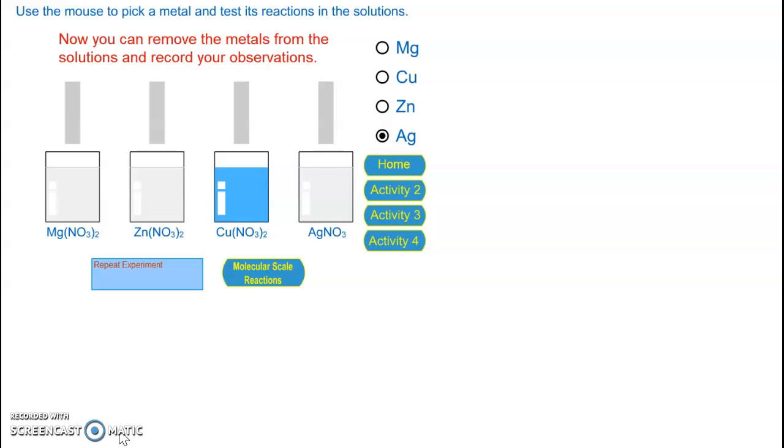Based on what we were looking at, which one of those metals that we dipped into a solution had the most reactions across the board? And which is the least? Then arrange the metals in order of increasing reactivity, starting with the least reactive metal up to the most reactive metal.